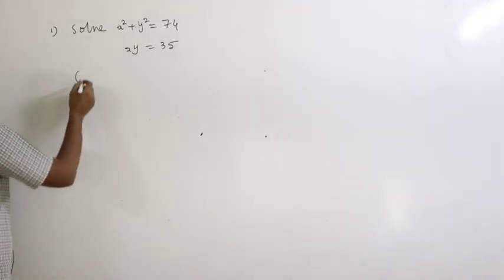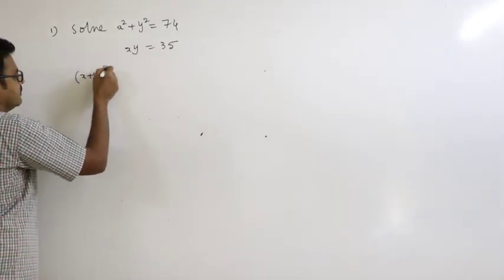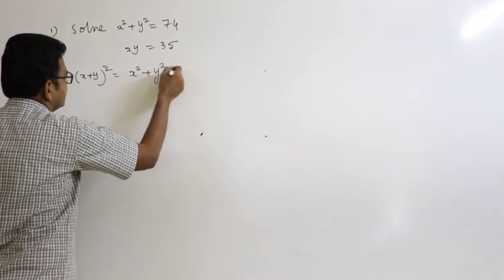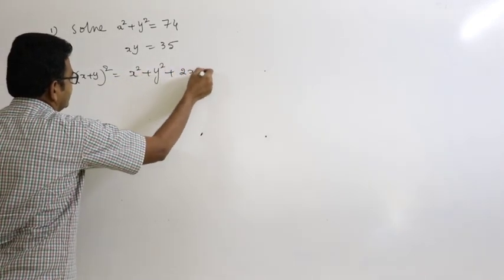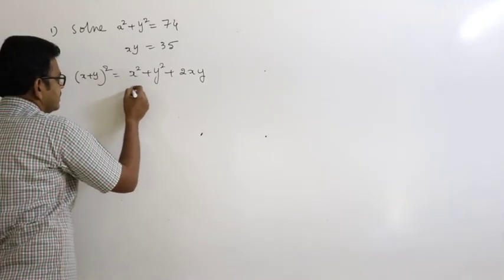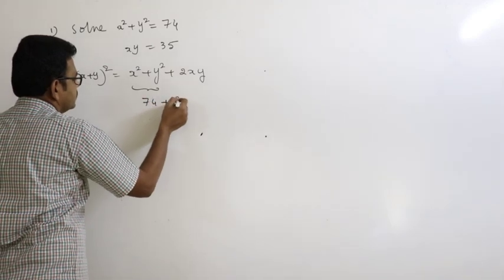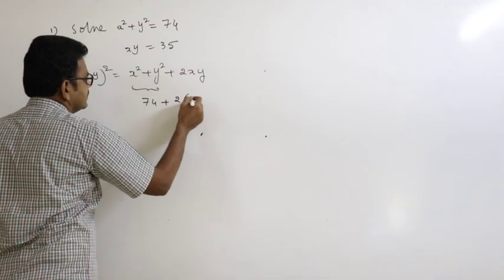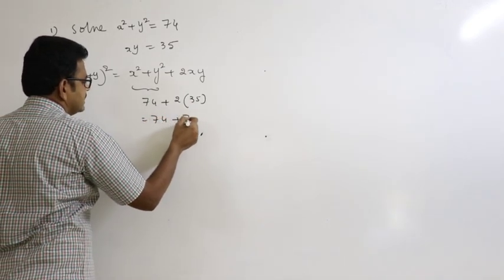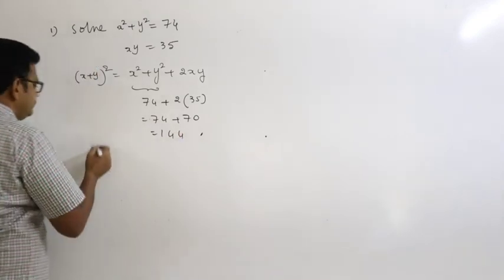I think you know x plus y whole square is equal to x square plus y square plus 2xy. X square plus y square is 74 plus 2 times of xy is 35. That is equal to 74 plus 70, that is 144.